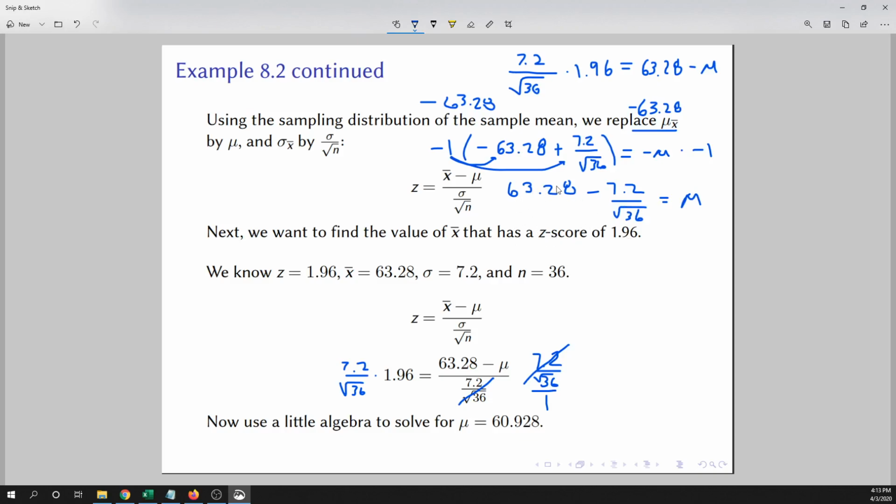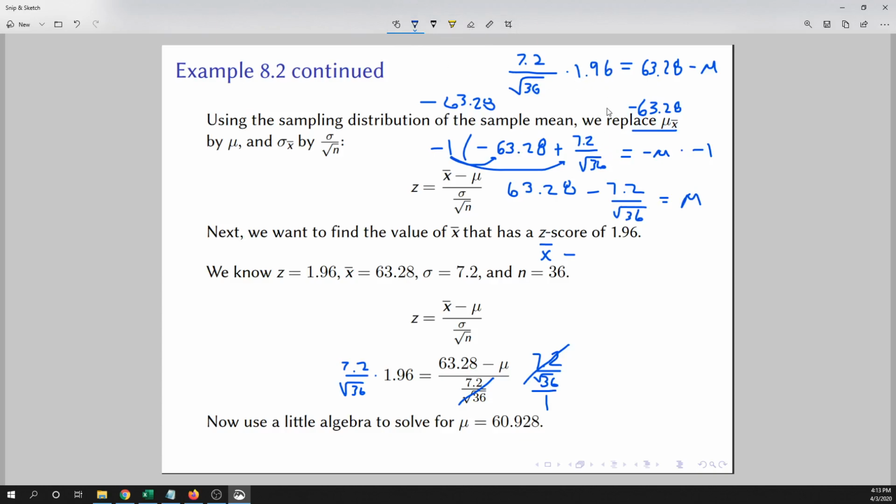So what we've got here is really the lower limit of our confidence interval. If you think about what this is, what is 63.28? It is the sample mean, minus. Sorry, I dropped a little piece right here.